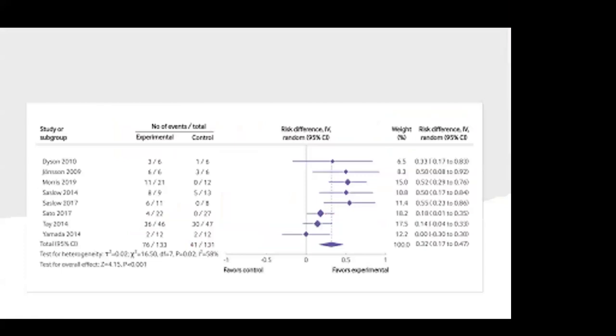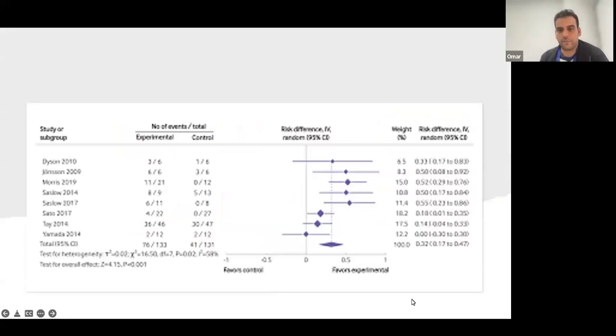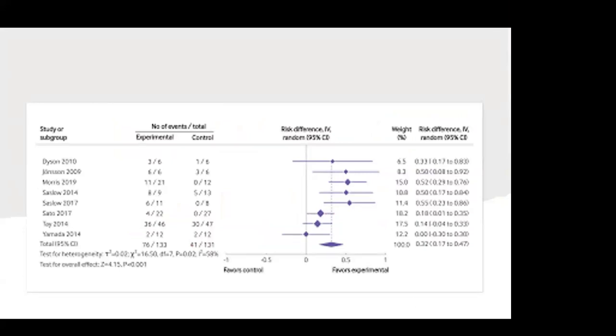So forest plots, Ahmed, since you're there, what is a forest plot? So a forest plot is a multi-analysis study, and on the left side are the studies, each with a 95% confidence interval.